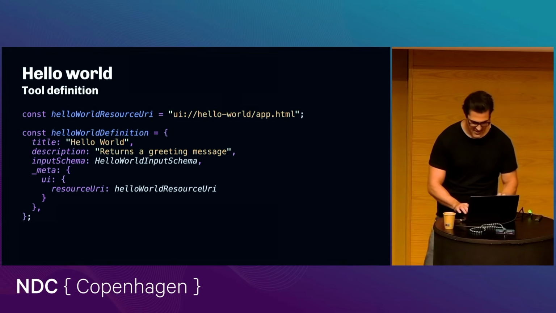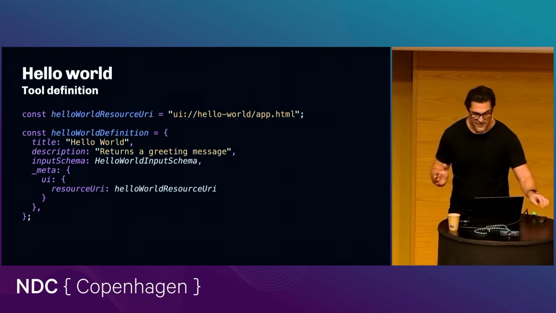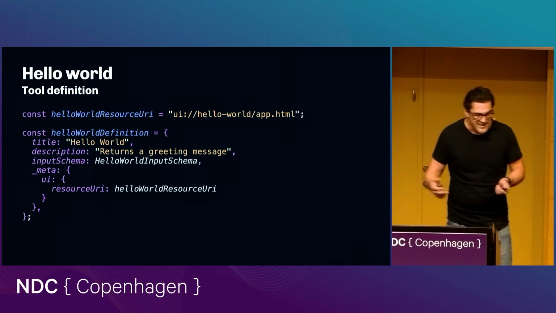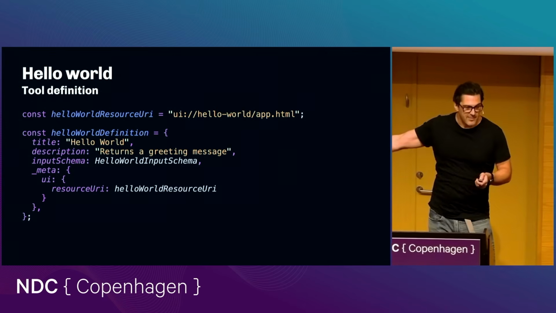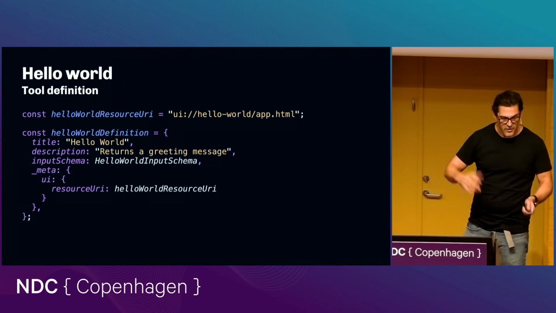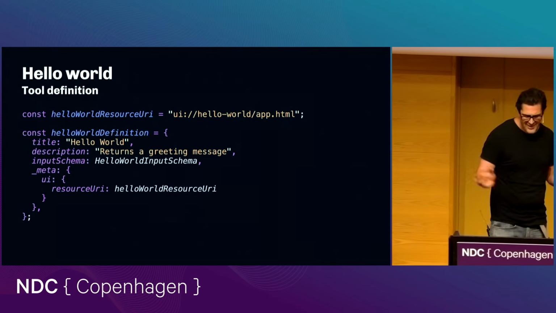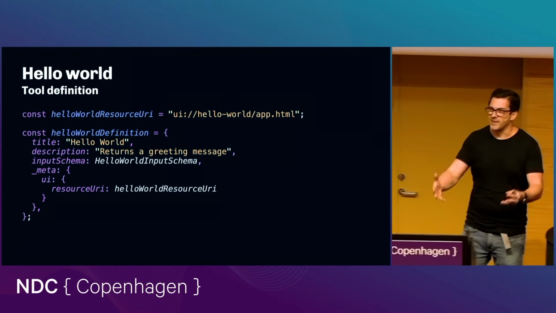Let's go back there. It all can fit on a bunch of screens that you can hopefully read, which is kind of nice. In this particular case, we start by defining a resource URI for it, using the UI protocol, and then we give it a tool definition.